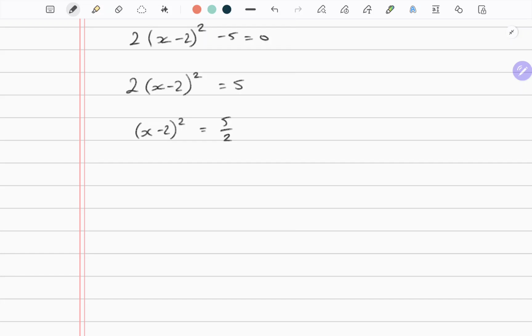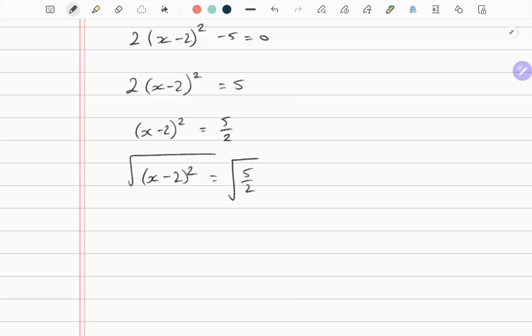Plenty of steps, isn't there? Then we will take the square root of both sides. Now, on the right hand side you've got the square root of 5 over 2. Because 5 over 2 is a positive number, whenever it's a positive number, you could have negative and positive square roots.